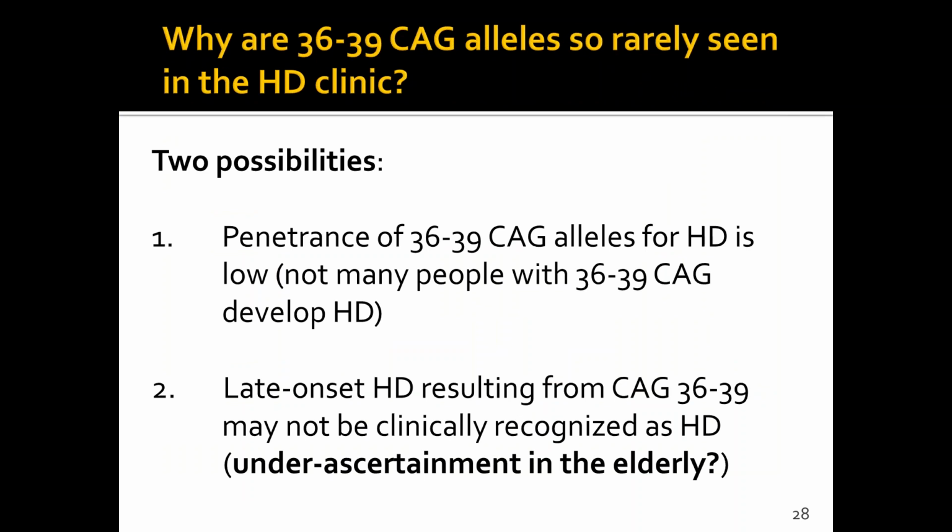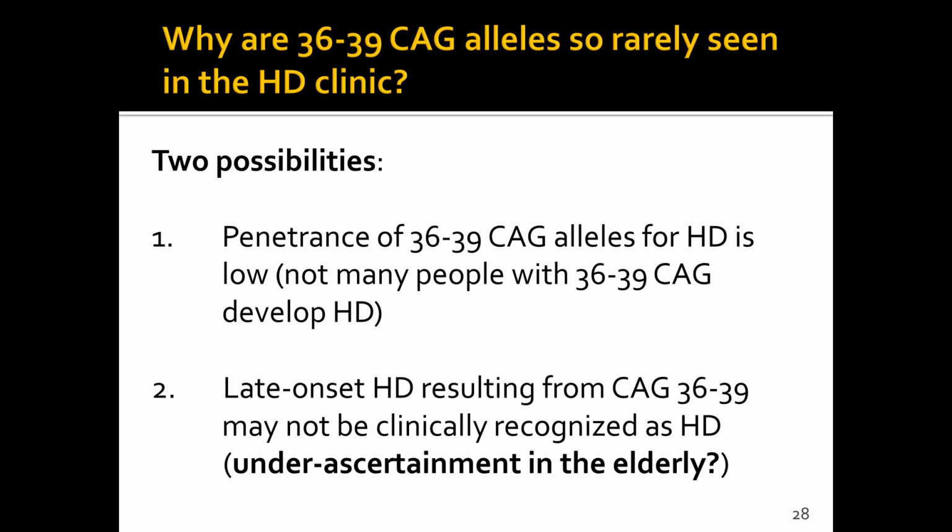A contentious train of thought resulting from this study is what sort of data we are going to have in the future on the CAG repeat from people in the general population. I think a lot of you know that we're moving into an era of personalized genomics. More and more people are having their genomes sequenced. In the future, we're likely to have a lot more information about our genome rather than fewer.